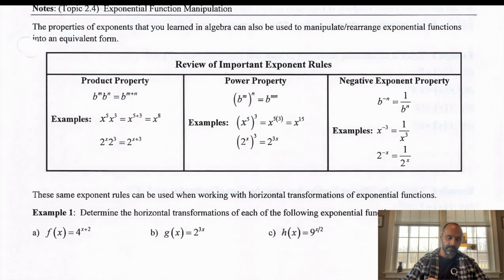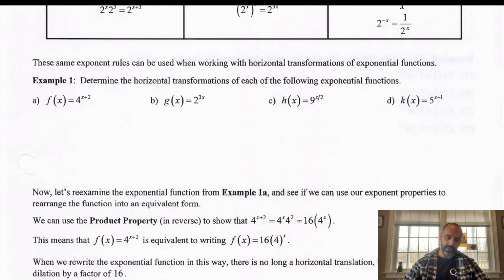Here are some examples. It says, determine the horizontal transformations of each of the following exponential functions. Transformations, what are we talking about? Well, remember the transformation rules that we had from earlier: if the transformation is happening inside of the function, kind of inside of where the x is, then that's a horizontal shift of some kind, and it does the opposite of what it looks like.